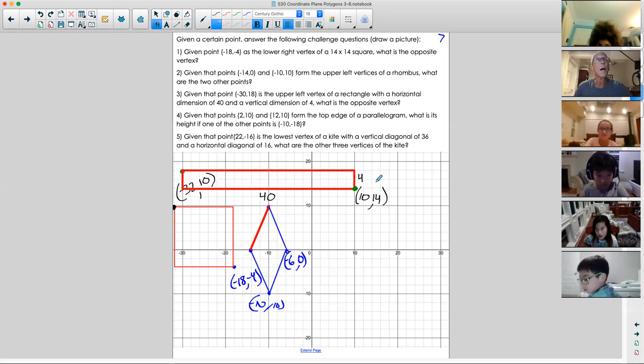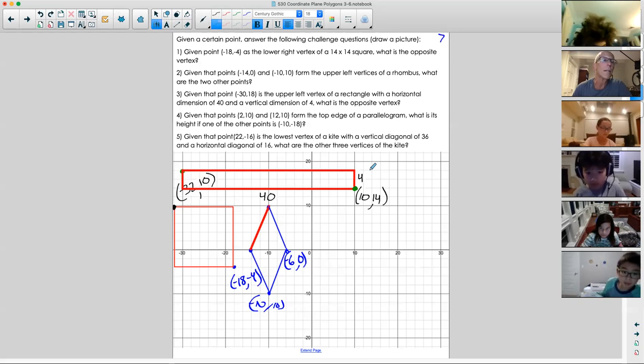Ah, kind of interesting. Oh, by the way, would you guys like to have a challenge question? What if I told you that negative 30, 18 was the lower left vertex? Then what would the opposite vertex be?